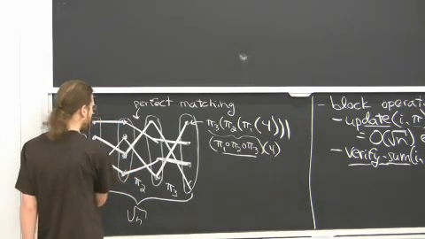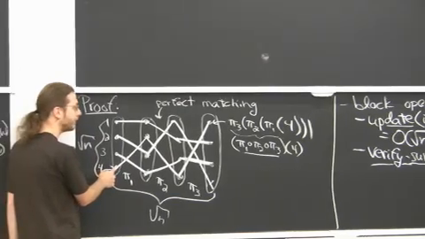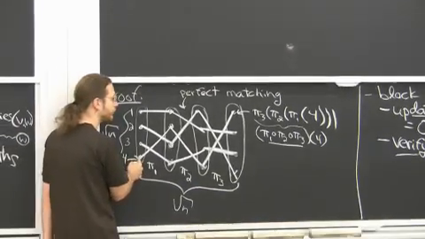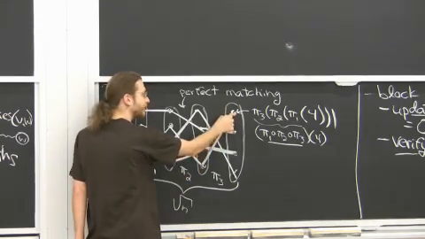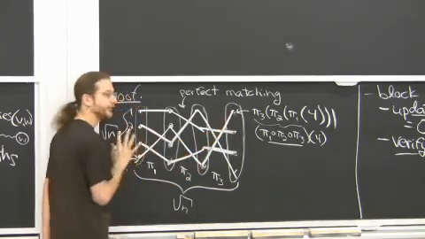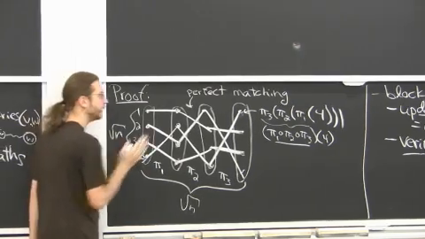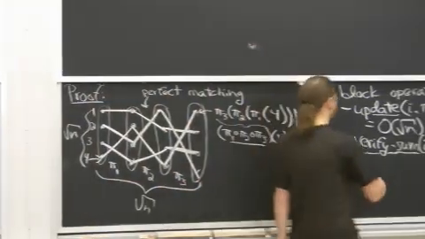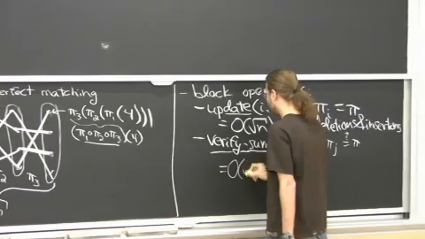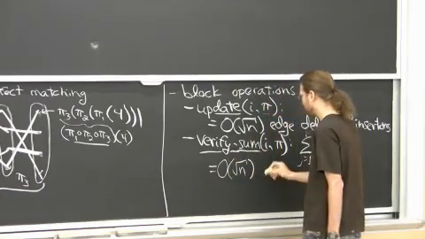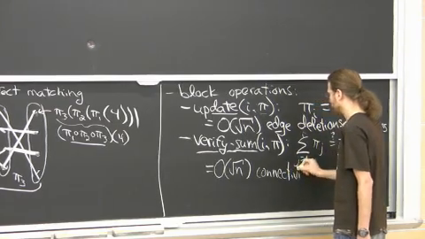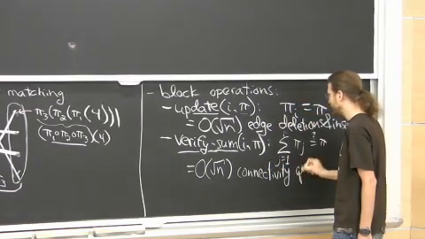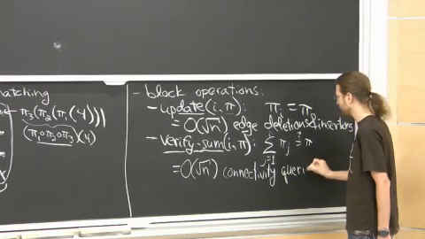So to figure out where the other end of this path is, it's hard to figure out where the other end is. If I told you, is it this one, then I can answer that question with just a connectivity query. So verify sum can be done with order square root of n connectivity queries, whereas computing the sum could not be, as far as we know.